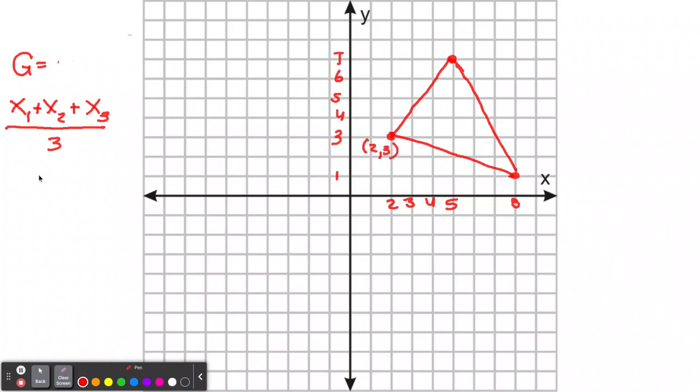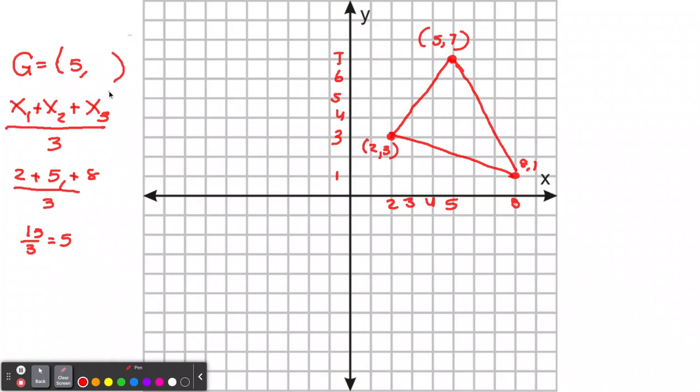Over here we have 5, 7, so we have a 5. And over here we have 8, 1, so we have an 8. If we add all that and divide it by 3, we have 15 divided by 3, and we have 5. So we know that wherever G is, it's going to have 5 for its x.